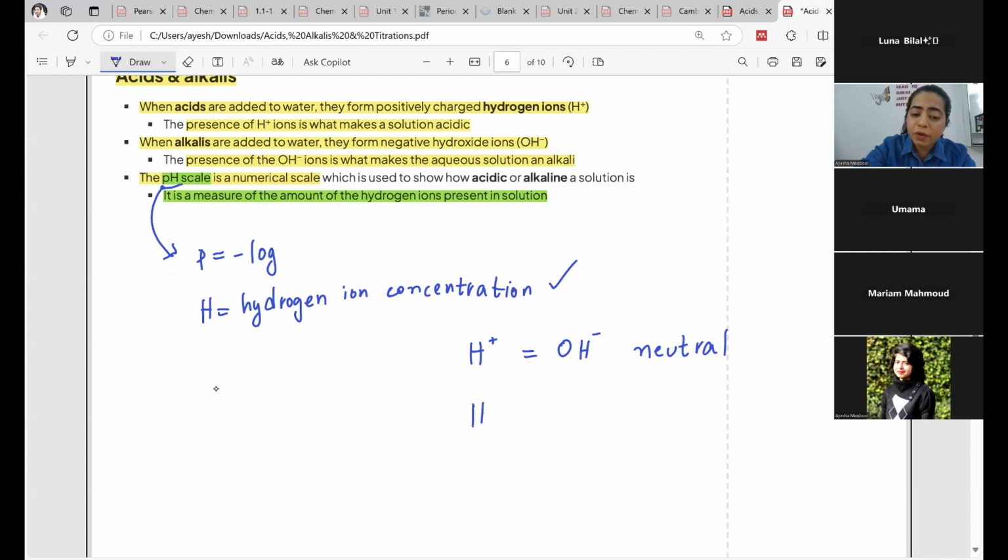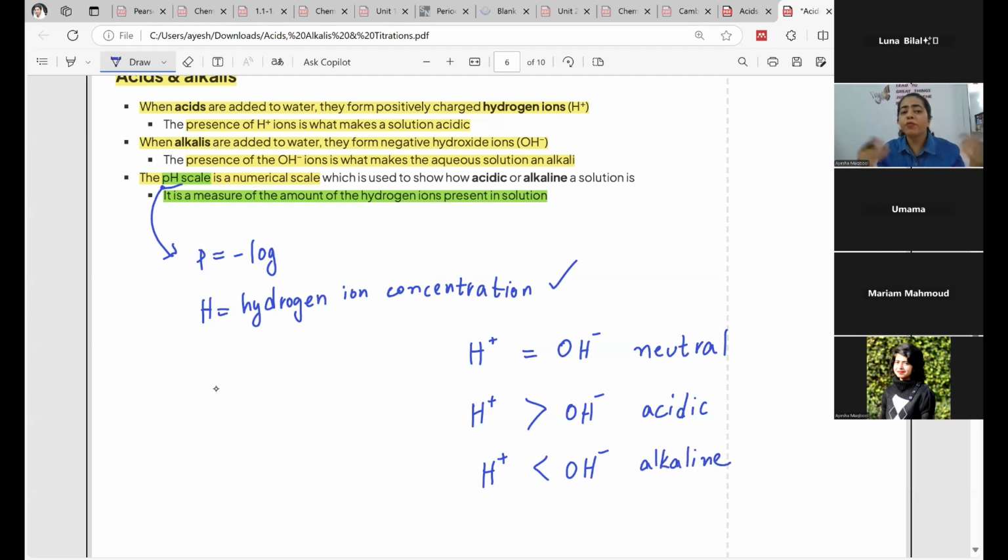When H positive ions are more than OH negative ions, then it is going to be acidic. Okay. And when H positive ions will be less and OH ions will be overall more, then it will be known as alkaline solution. Both are there in the solution. Why are both there? Because water is there. We said aqueous solution of acid, aqueous solution of alkali.